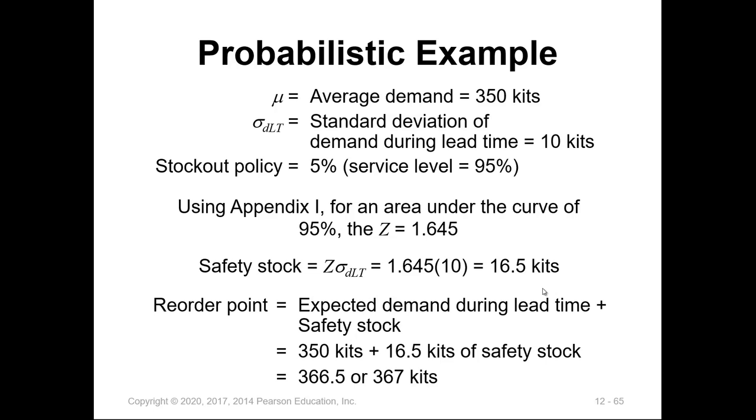So the safety stock is equal to Z multiplied by sigma. That's 1.645 multiplied by 10, or 16.5 kits, and the reorder point will be 366.5. Since I'm dealing with kits, there are no halves, so I can round it up to 367 kits.